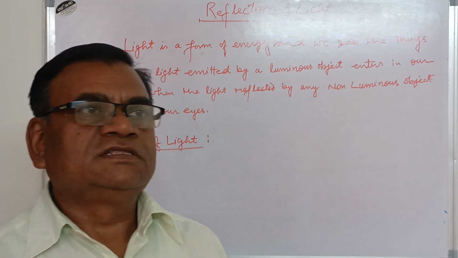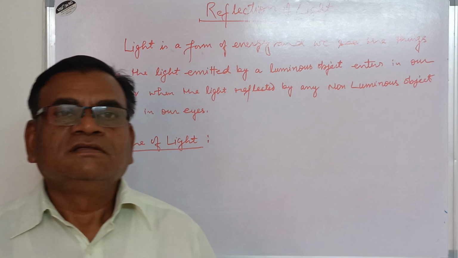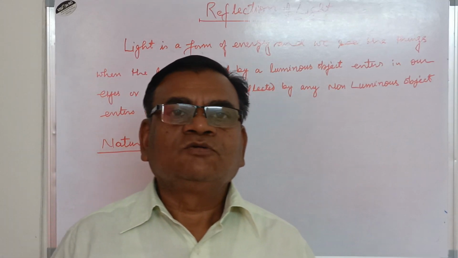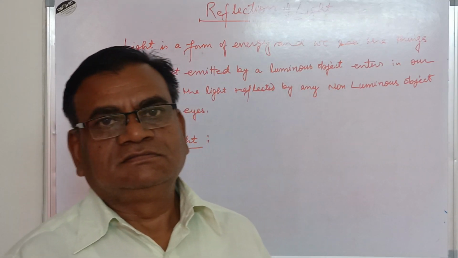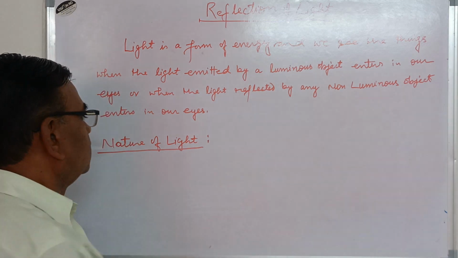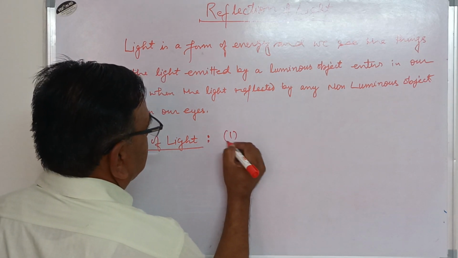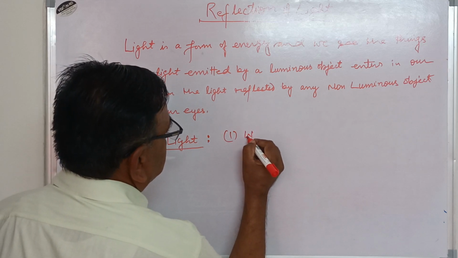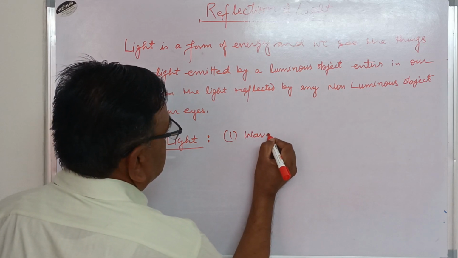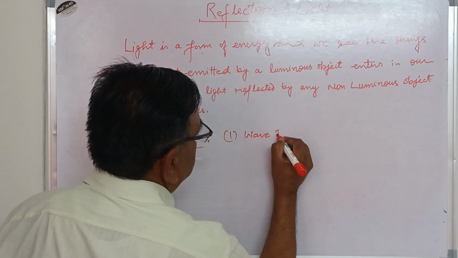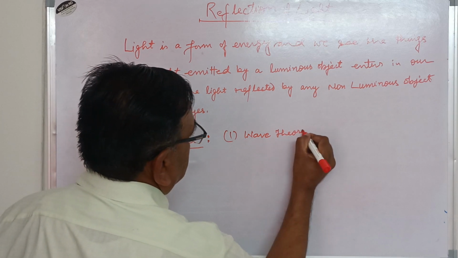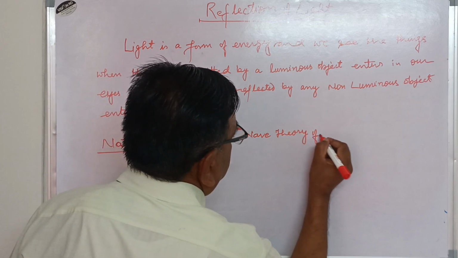And the latest one, third one, is the combination of both called quantum theory of light. So number one, nature of light, three theories. First is the wave theory. Light की प्रकृति वेव है, तरंग है. Wave theory of light.